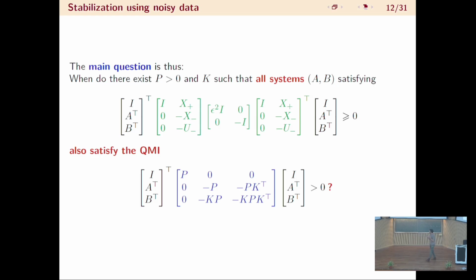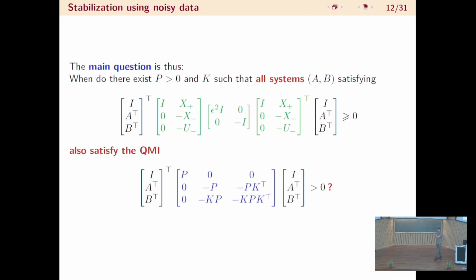So that's really the structure behind the problem. You want to understand under which conditions all solutions to one quadratic matrix inequality also satisfy a second quadratic matrix inequality. That's the point. Now the big question is, of course, when is this true? So when do there exist such P and K? That's what I want to investigate now.